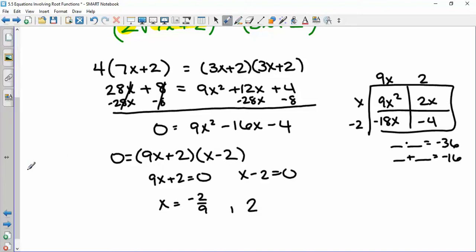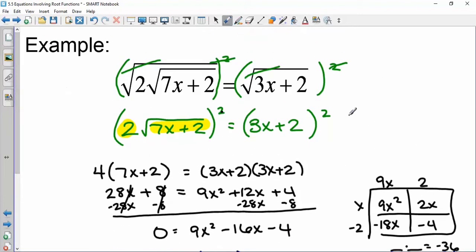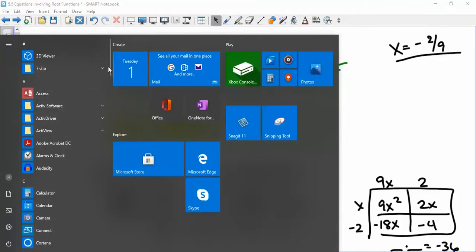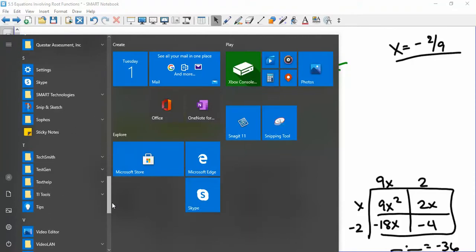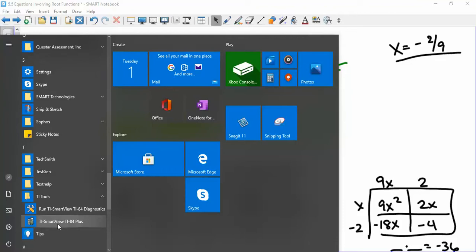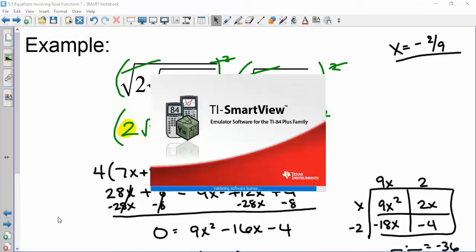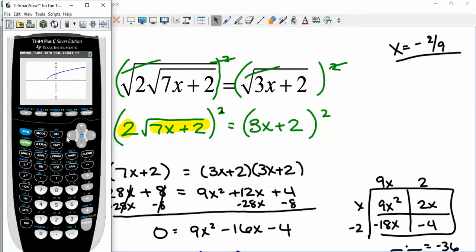Are we done? Okay, so this one, it might be easiest just to do the calculator. I would like for everybody to try so you know how to plug these things in. So on the left, you have to go with the original.